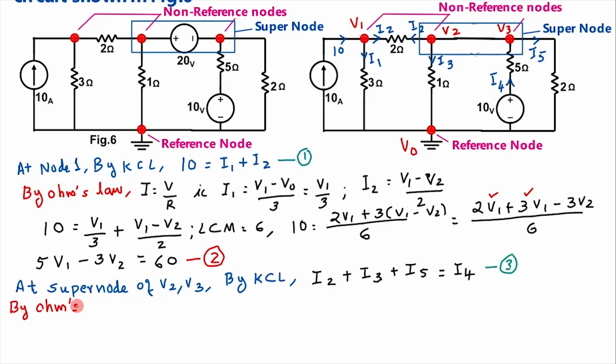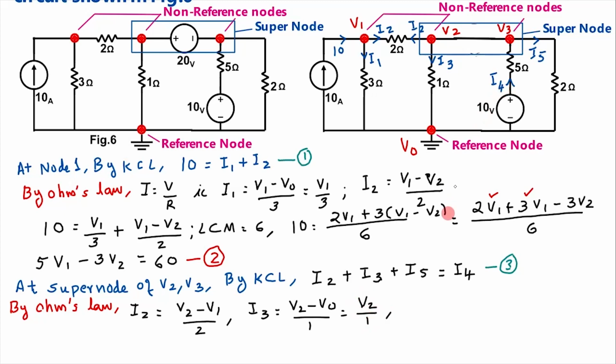By Ohm's law, I is equal to V by R. That is, I2 is equal to V2 minus V1 by resistance 2 ohm. I3 is equal to V2 minus V0 by 1 ohm. As V0 is 0, this becomes V2 by 1.